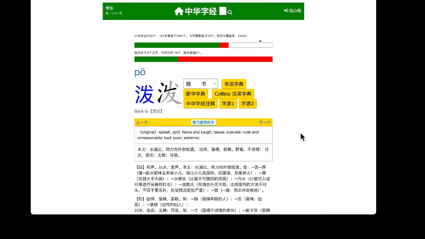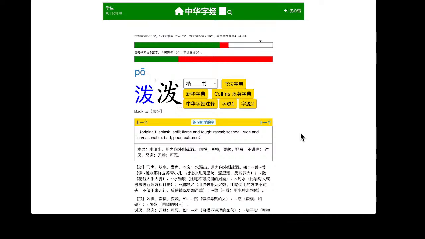So it has extended meanings: fierce and tough. And when you 泼水, you get stuff wet and get people wet, so it got extended to mean rascal, scandalous, rude, and unreasonable.